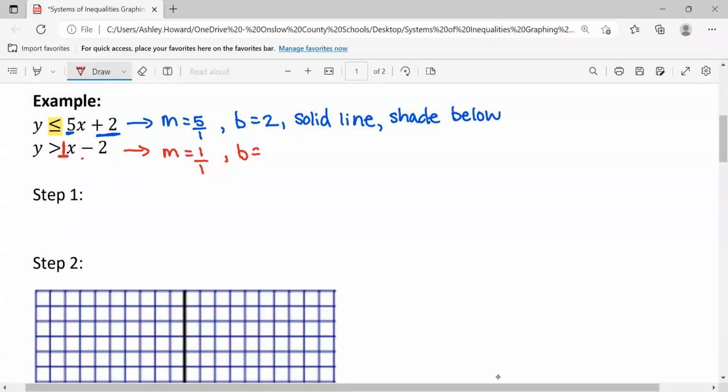And then our y-intercept is a minus 2. So this one crosses at negative 2. We're going to take a look at our symbol. It is a greater than symbol without a line underneath. So if it does not have that equal to sign, that means it is a dashed or dotted line. And since it's a greater than symbol, this time we're going to shade above.